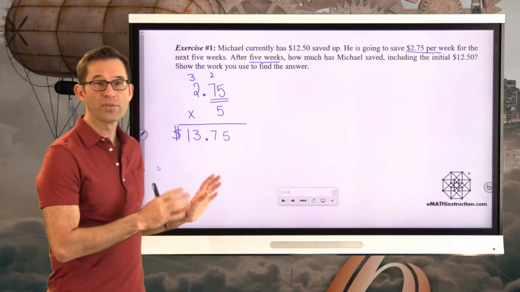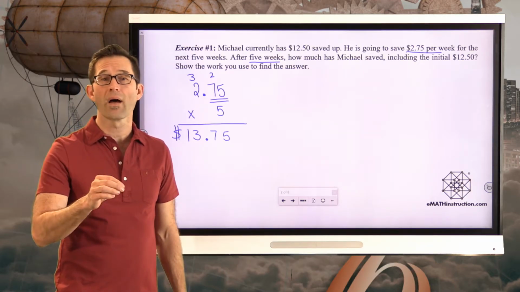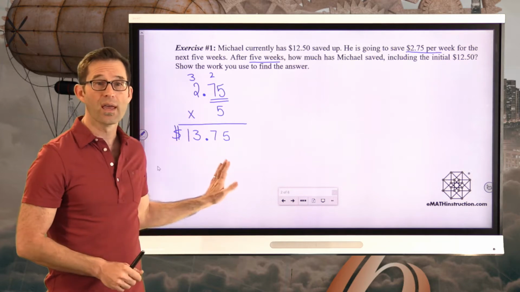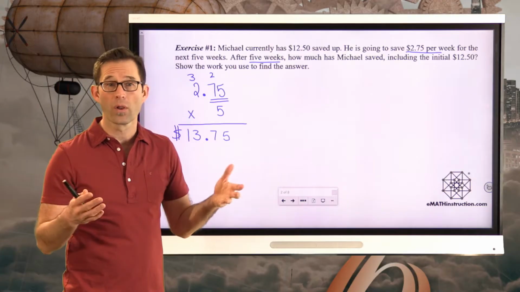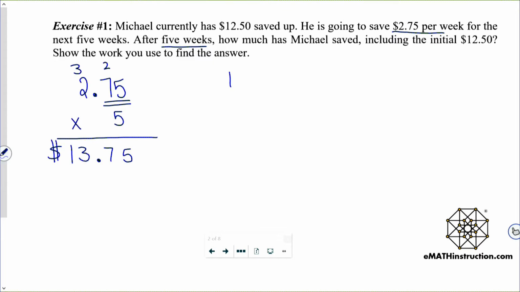Now, of course, that $13.75 is not the final answer. That's the total amount that he's saved over those 5 weeks. What we now want to do is take our $13.75 and add it to our $12.50 to figure out the total amount that Michael has saved. That's just simply adding decimals. Why don't we do that over here? So we've got $13.75, make that decimal point a little bit bigger, plus $12.50.